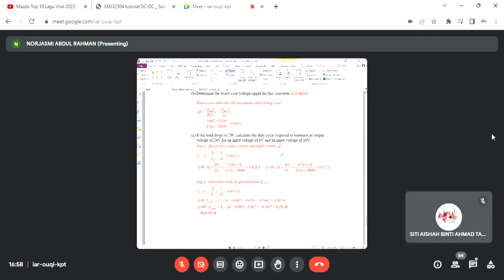Question C, when doing the IL minimum, didn't divide by 2. Yes, delta I. Okay, I will check later, then I will upload it again.